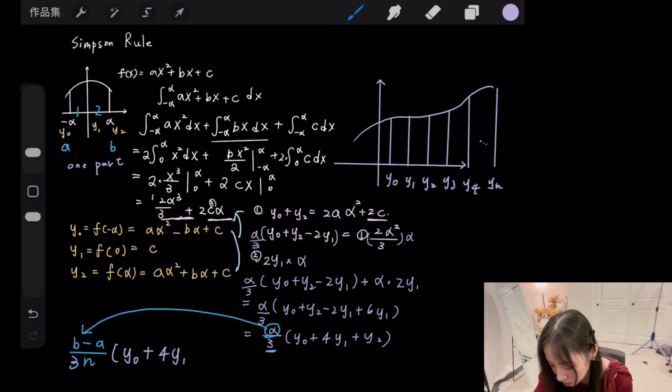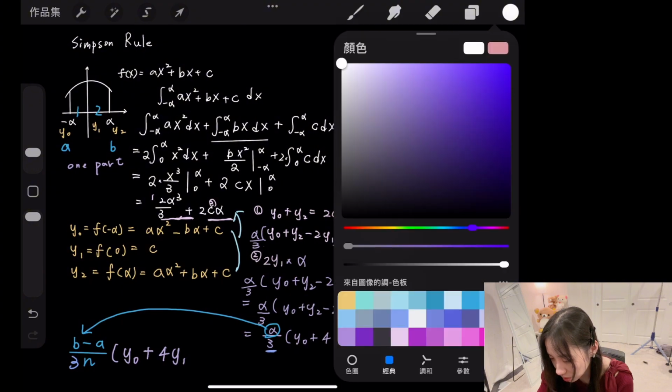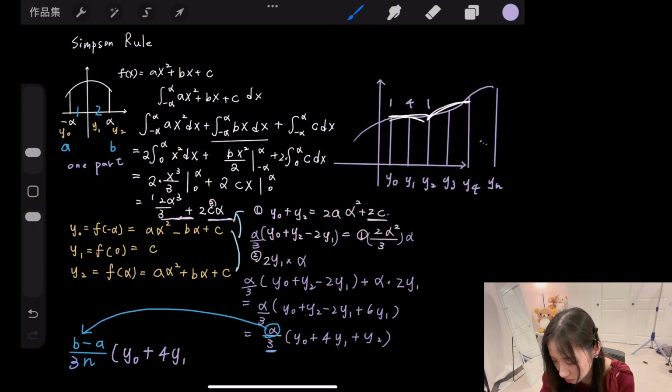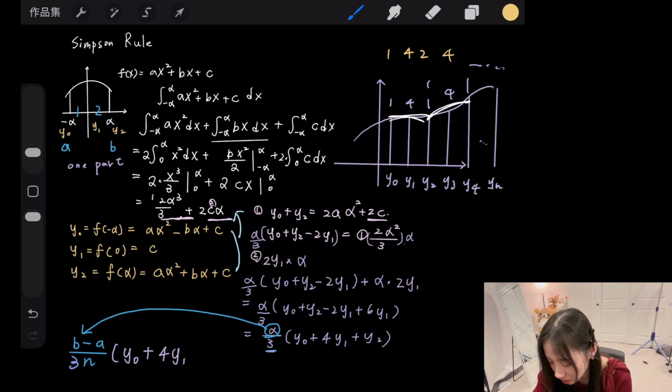Okay, so here will be, your coefficient will be 1, 4, 1, and then, because 3 together, right, your parabola. And then the next one will be also 1, 4, 1, so forth and so on. So here will be, the total coefficient will be 1, 4, 2, and then 4, 2, so forth and so on until 2, 4, and then 1.